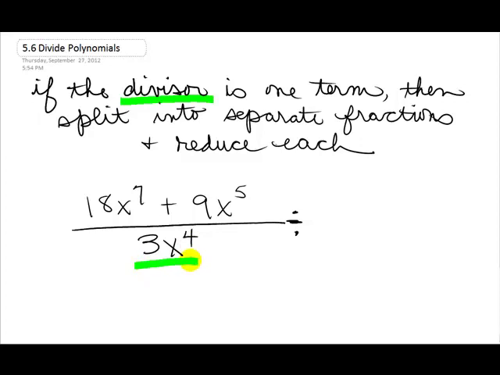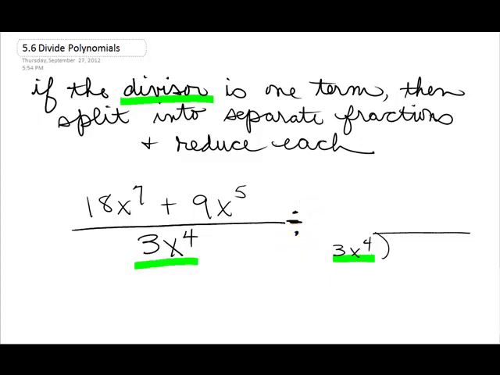This is the divisor, that's what goes into it. If we were writing this in box form, then your divisor would be out here. That's the divisor's location. It would also be the one behind the division symbol.